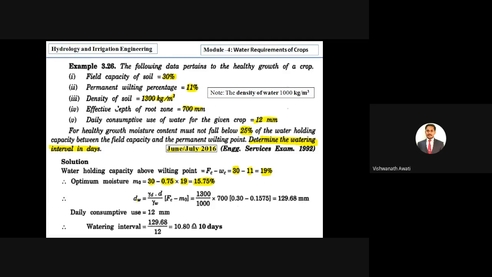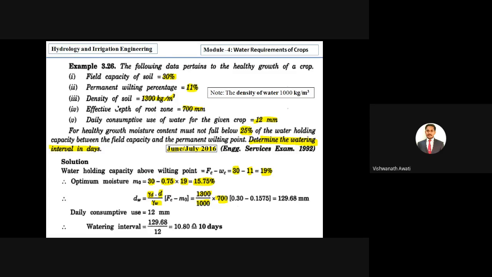Then we will calculate the depth of watering, dW, using the same formula. Substitute the given data: first the density of soil 1300, then the unit weight of water 1000, then the depth of root zone 700.